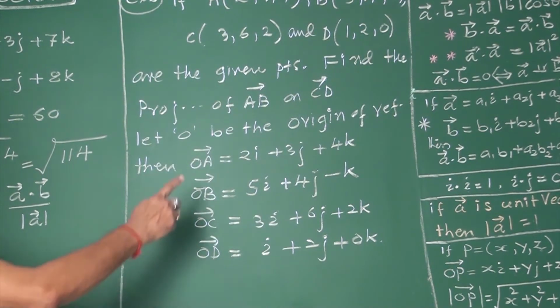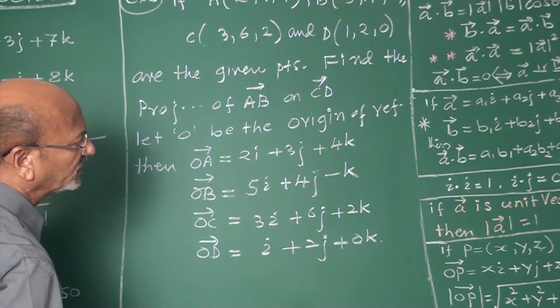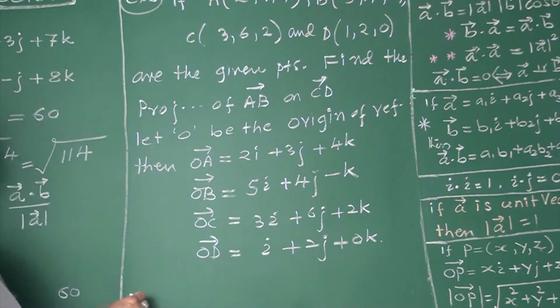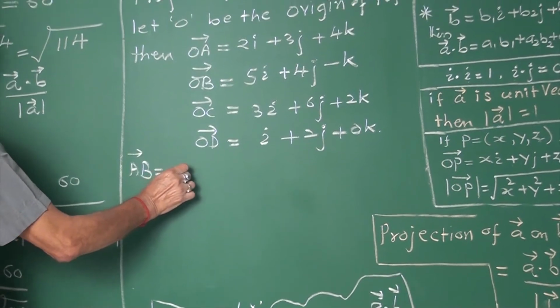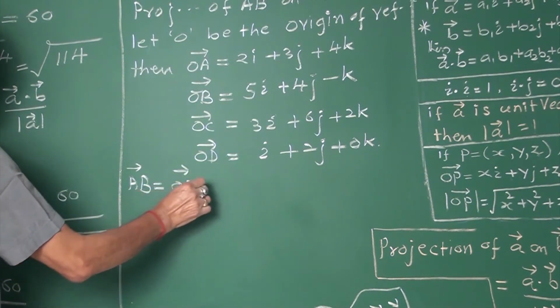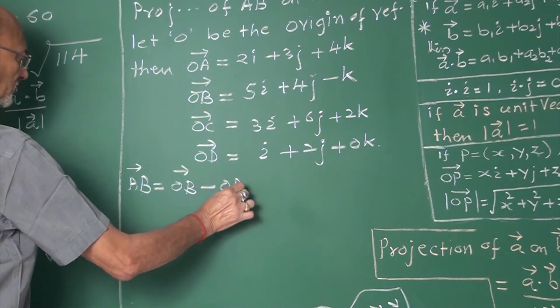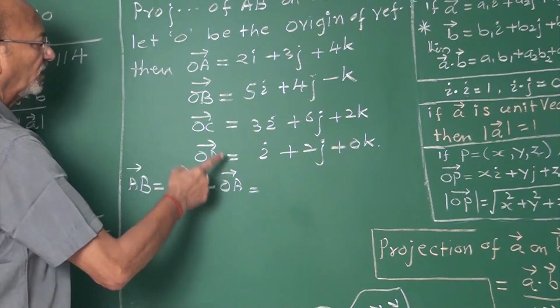Then you wanted what? AB. You know what AB is? That is vector AB. Vector AB, you know the formula. Position vector of the point B, the second point, minus position vector of the point A. OB minus OA.